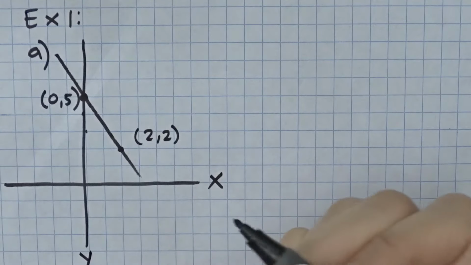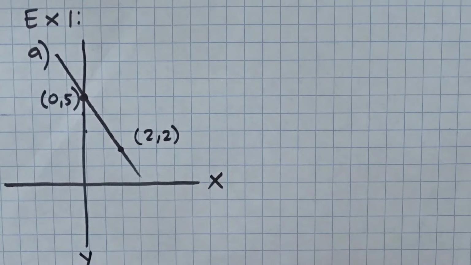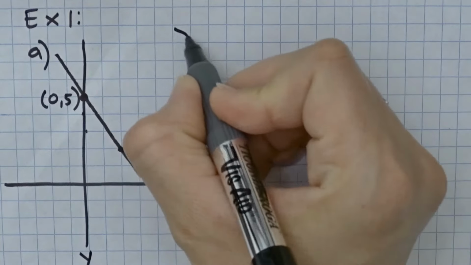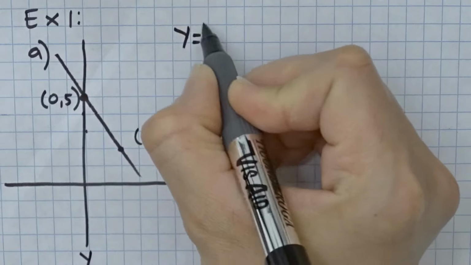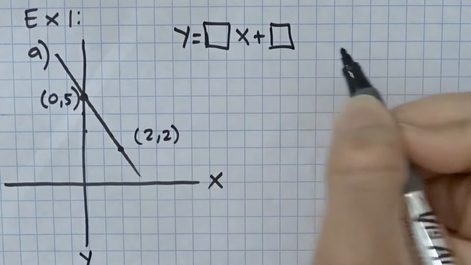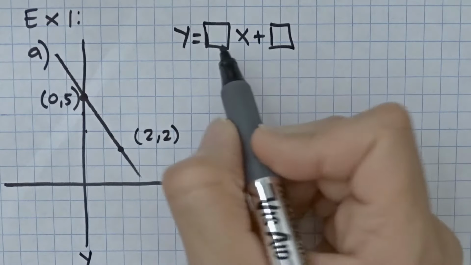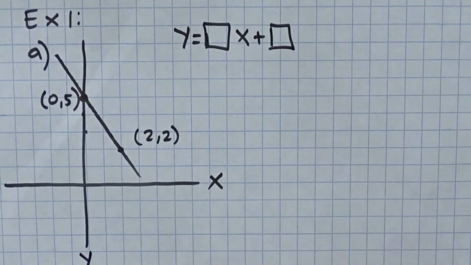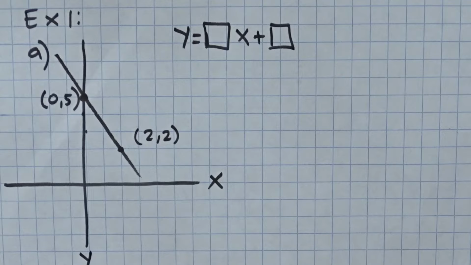Okay. And so now what we're going to do is write it in this form. The boxes mean I'm going to have to fill this in with my slope, and fill this in with my intercept. That is the standard form of a line.